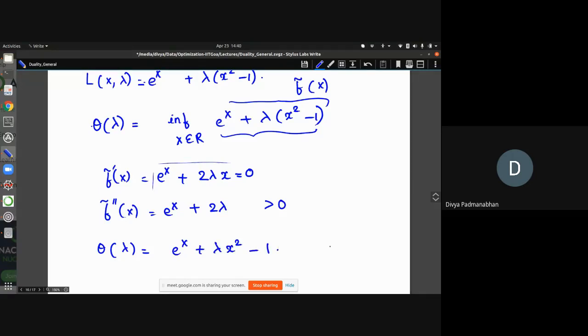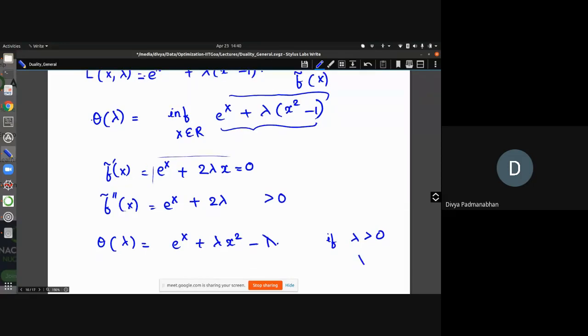So this is the case if e^x plus lambda x^2 minus lambda. Let's look at this value. This is a function of lambda, right? If lambda is greater than 0, then it's going to be this.